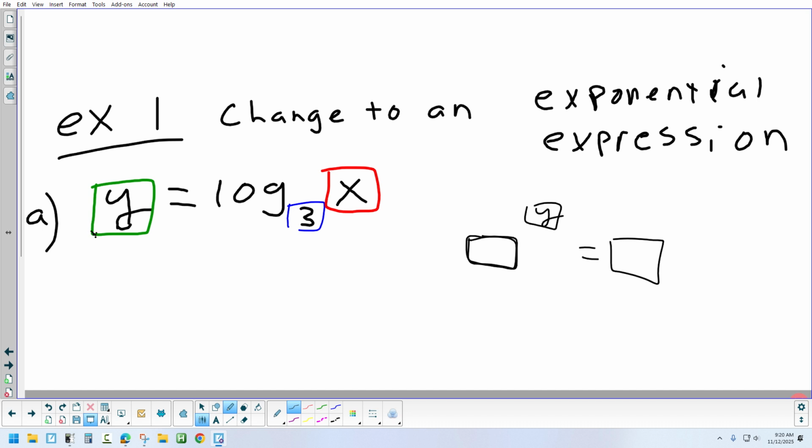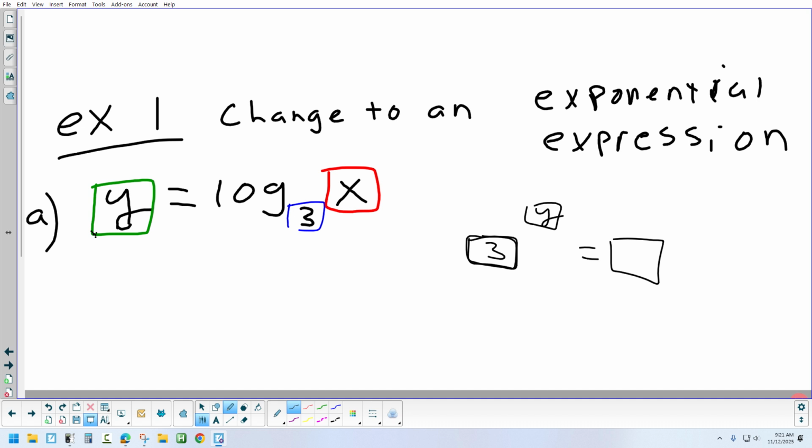And the thing below the exponent, what do we call that? That's always your base. And what was the base on my log? 3. And x, that's what we're taking the log of. What do we call the thing that's being plugged into the log? Yep.